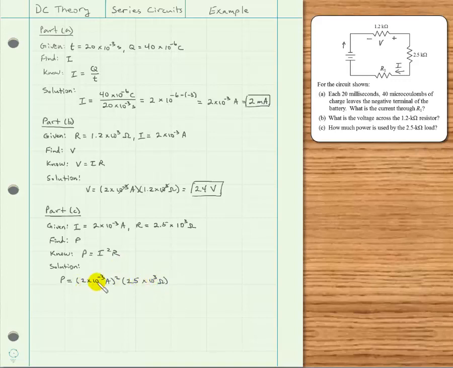Now, 2 times 10 to the minus 3 squared is the same as 2 times 10 to the minus third amps times 2 times 10 to the minus third amps times 2.5 times 10 to the third ohms. 10 to the minus 3 times 10 to the third is 1, leaving 2 times 2.5, that's 5, times 2 is 10, and then times 10 to the negative 3, and that will have units of watts. So, 10 milliwatts is the power dissipated by the 2.5 k-ohm resistor.